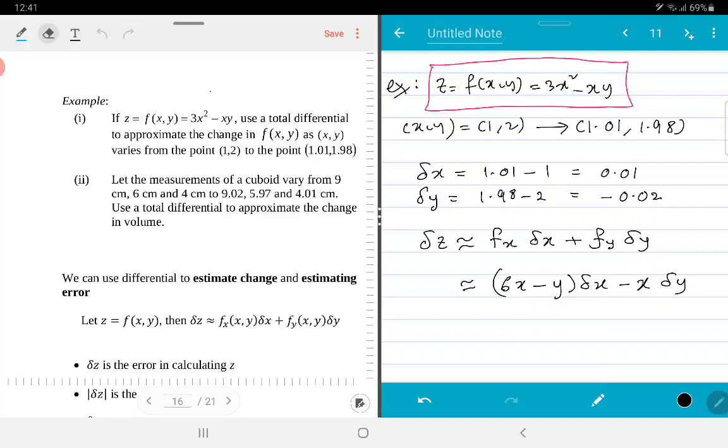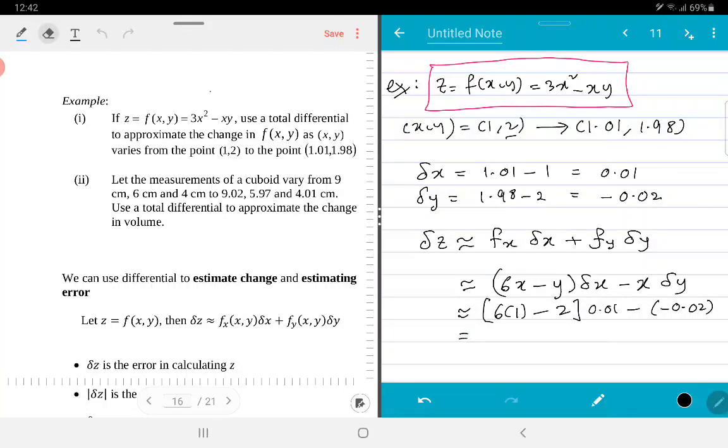The next step is to replace delta x with 0.01, delta y with negative 0.02, x with 1, and y with 2. So this is approximately equal to 6 times 1 minus 2, times delta x, which is 0.01, minus x, x is 1, times delta y, negative 0.02.